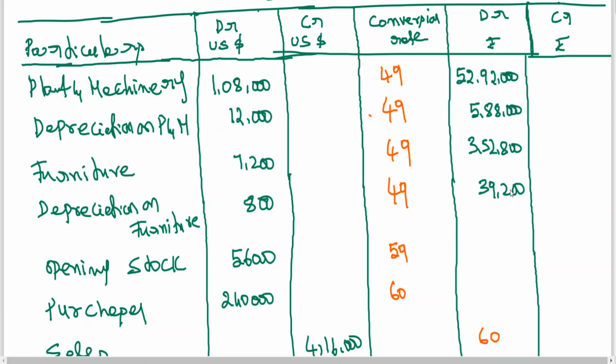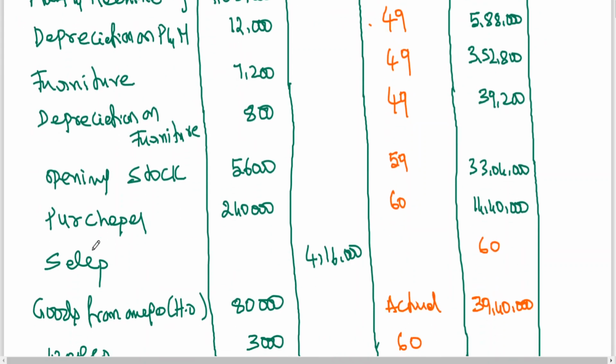Next, 56,000 into 59 is coming to 33,04,000. Next, 2,40,000 into 60 is coming to 14,40,000.